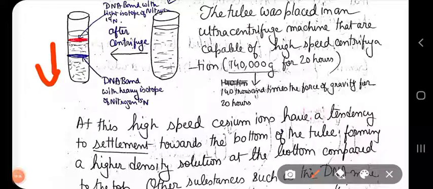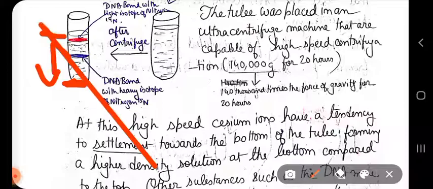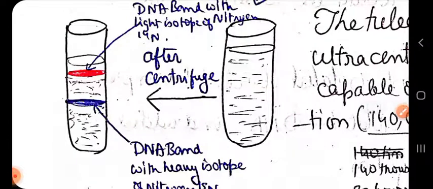They form a higher density at the bottom, and the lower density parts settle on the upper part. And you can see here that the DNA sample obtained from the N15 source and the DNA sample obtained from the N14 source take positions within the tube according to their own density.